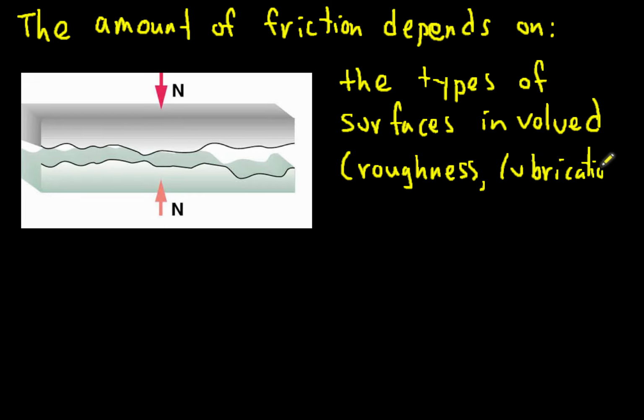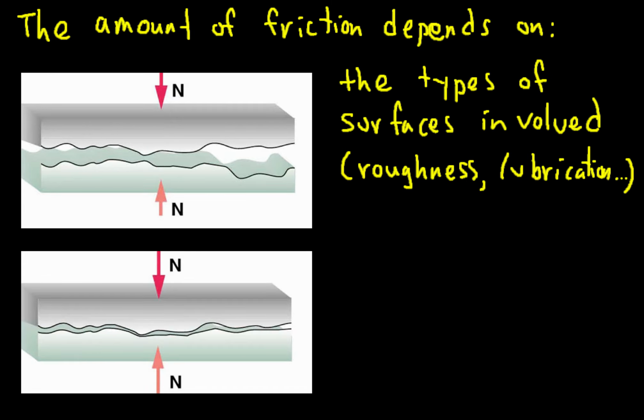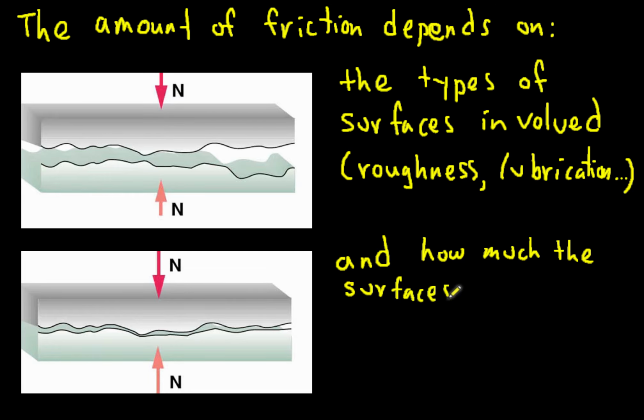For example, wet cement has less friction than dry cement. Friction also depends on how much the two surfaces are pushing against each other. If they're pressing against each other harder, irregularities in the surfaces have more ability to catch on each other, so there should be more friction.